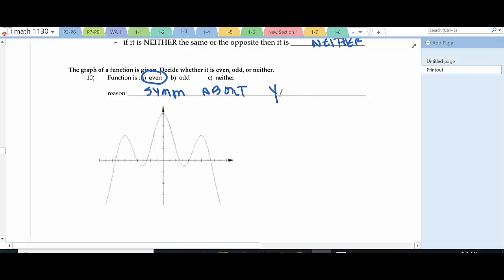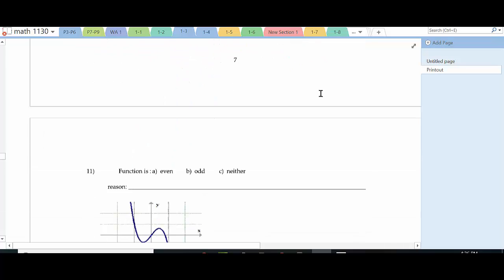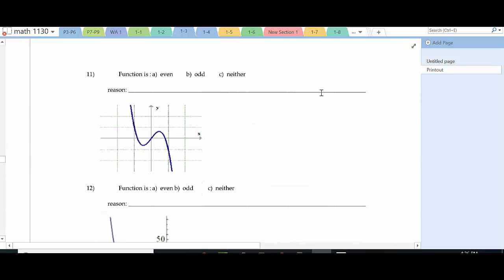That's what you're looking for on even and odd functions, is how they're symmetric. That's the simplest way to look at it. Next page, let's take a look at this one. Even, odd, neither, what do you think? It's odd. Why is it odd? It's symmetrical about the origin.